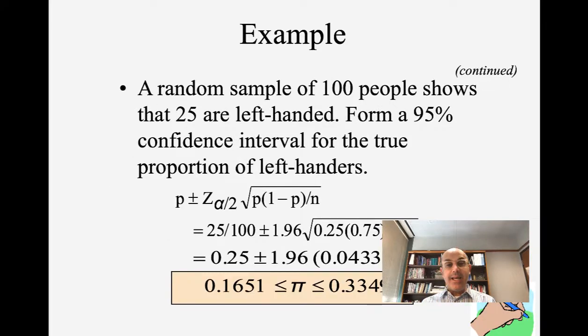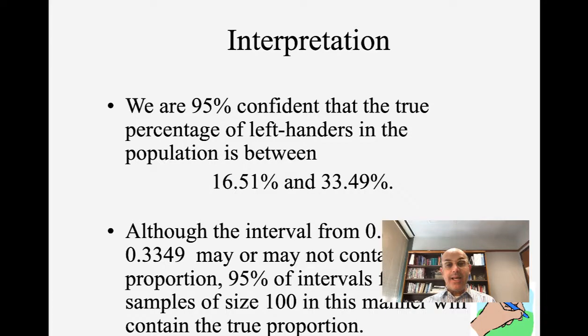So a random sample of 100 people shows that 25 are left-handed, with a 95% confidence interval for the proportion of left-handers, and we will apply P plus or minus Z multiplied by the standard error in order for us to show the interval, in this case from 0.165 to 0.334, and the interpretation.